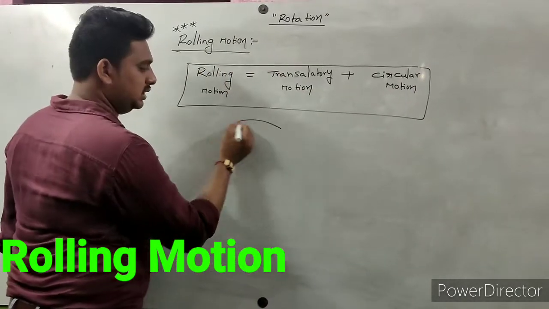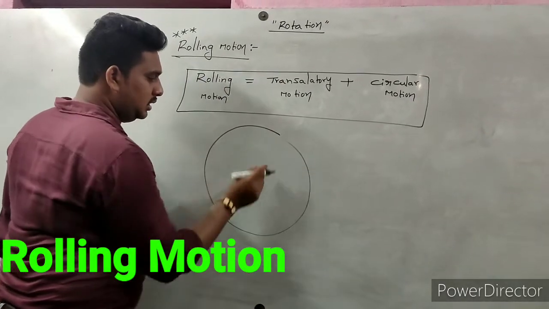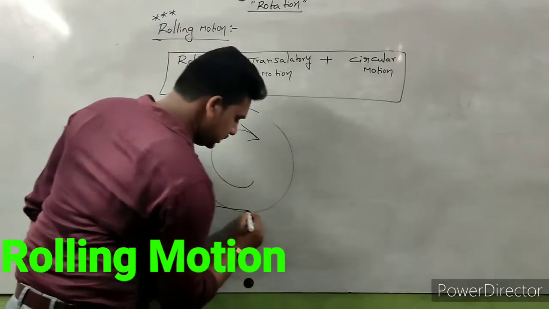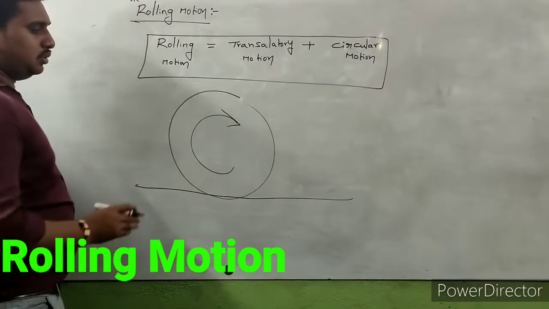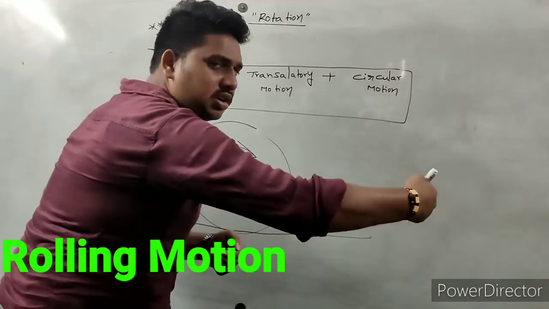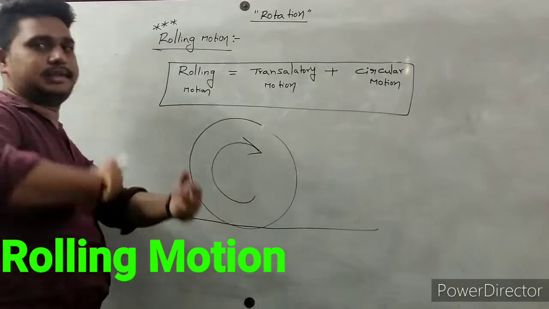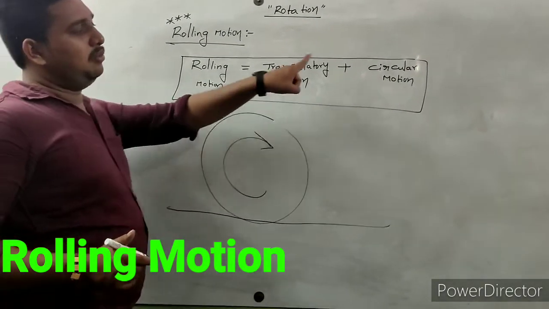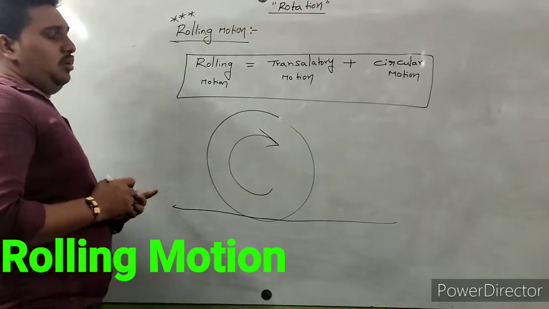Simple thing. So this is a wheel I consider, and it can roll on the surface. Rolling means it moves forward in translatory motion, and again it circulates. That's why rolling motion is equal to translatory motion plus circular motion.